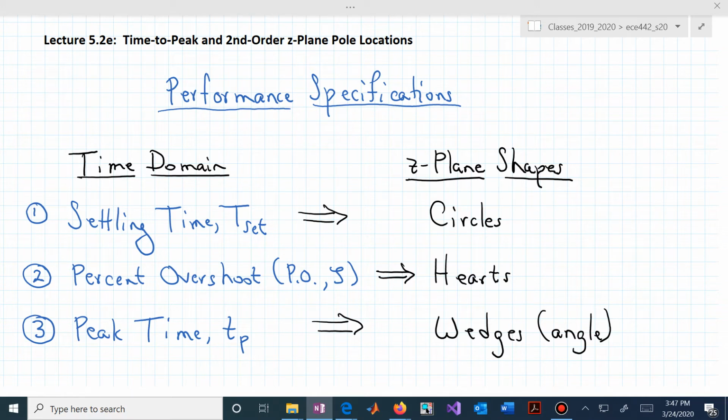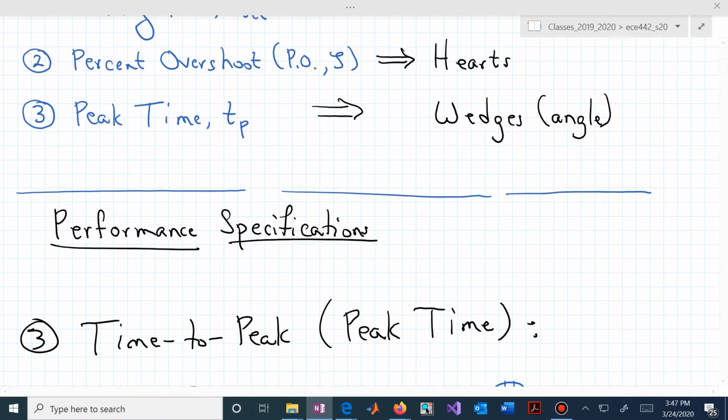We've looked at settling time corresponding to circles, percent overshoot, which leads to a damping ratio going towards these logarithmic spirals, which we were calling heart shapes or hearts. And in this video, we're talking about peak time, which corresponds to angles, or the shape in the z-plane that we associated with being the wedge.